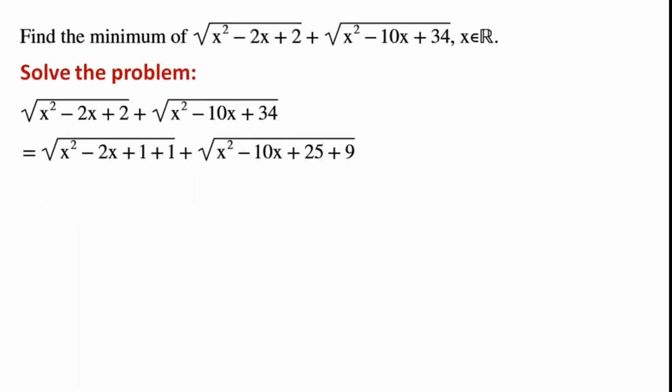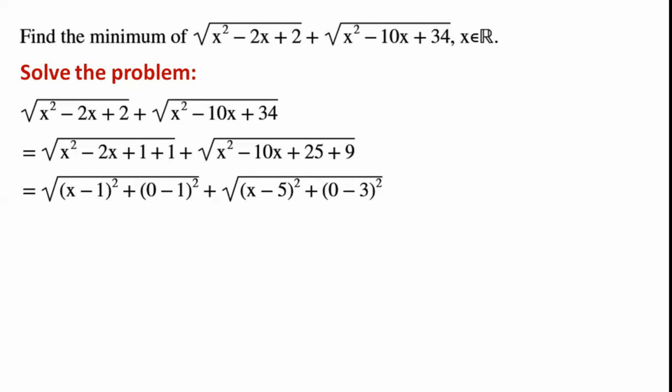The first term can be written as root of x squared minus 2x plus 1 plus 1. The second term can be written as root of x squared minus 10x plus 25 plus 9.